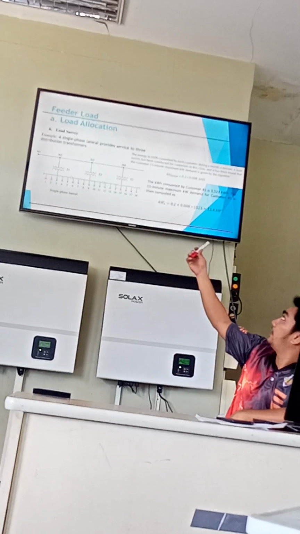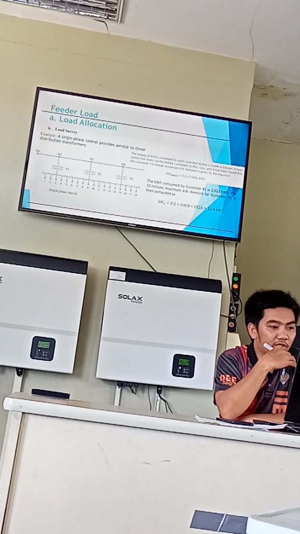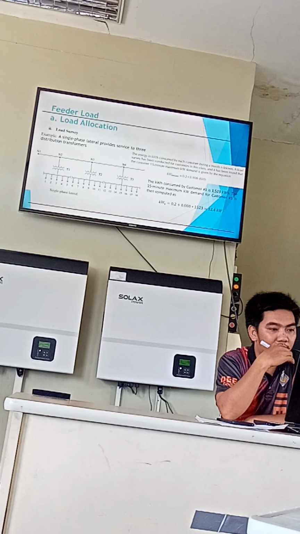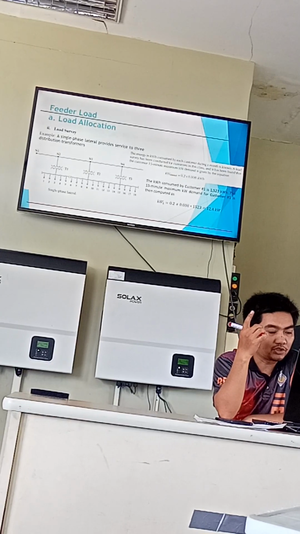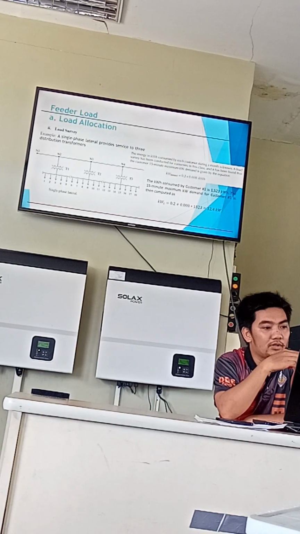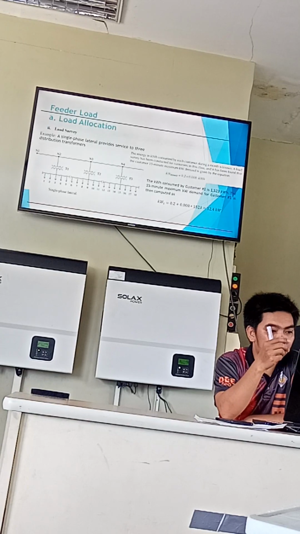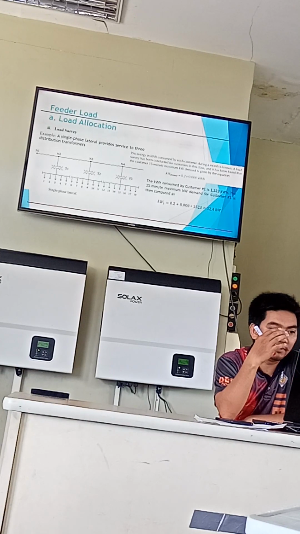But we are given the estimate equation: 0.2 plus 0.008 times their kilowatt hour. Assuming we know the kilowatt hour of the customers, we can estimate their maximum kilowatt demand.